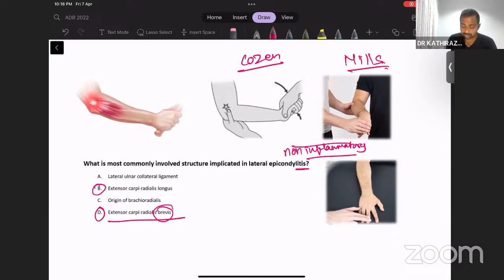Next, other than extensor carpi radialis brevis, the second most common muscle involved in tennis elbow is extensor digitorum communis. What is the test to assess extensor digitorum communis?